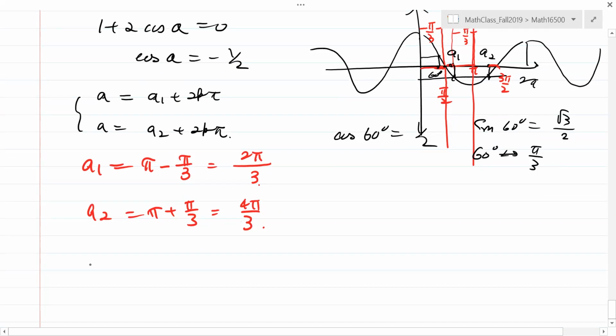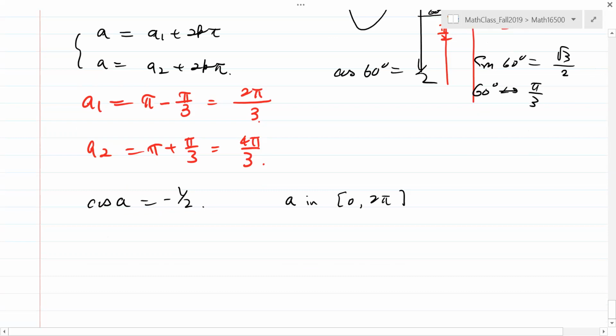All right, so you are looking for cosine A equals negative 1/2. You're looking for the solutions in the interval from 0 to 2 pi, right? You want to find all the solutions. How do you do that? We have the reference angle. The reference angle is always between 0 and pi over 2, and every angle has a reference angle.